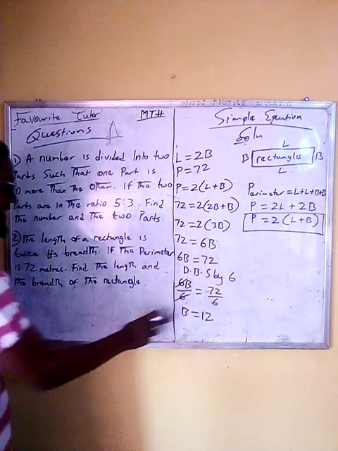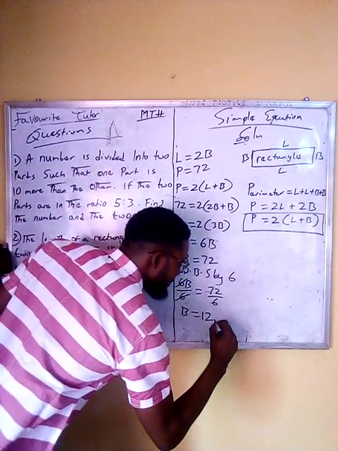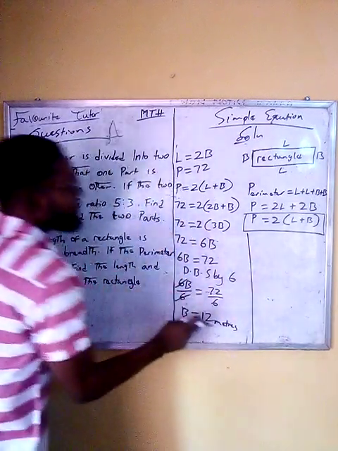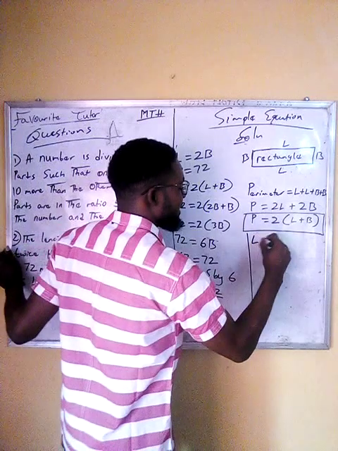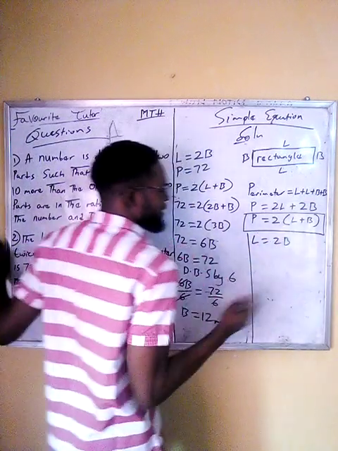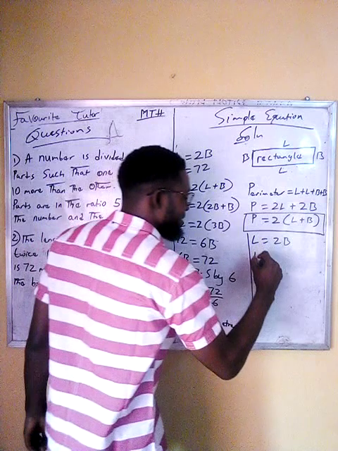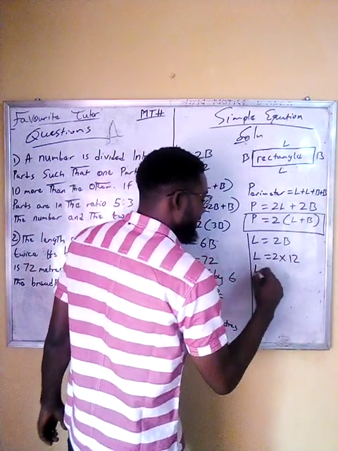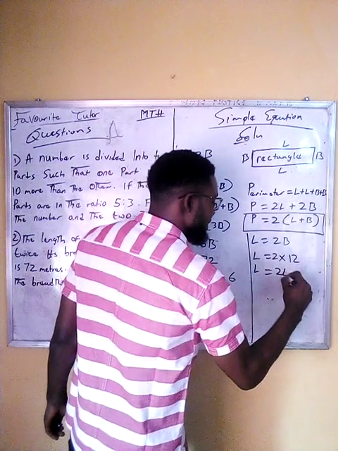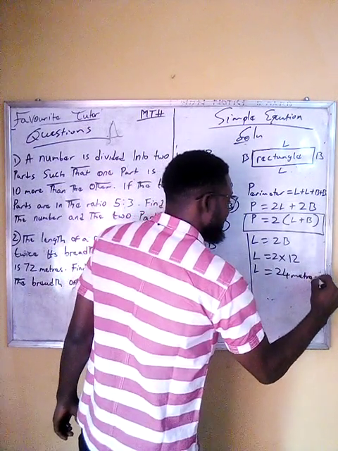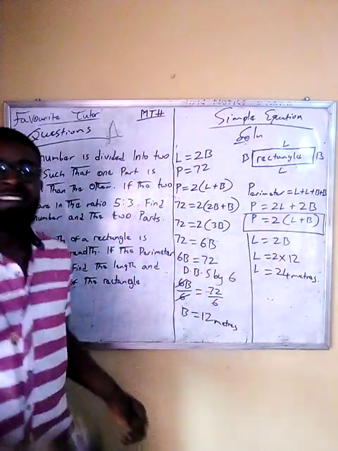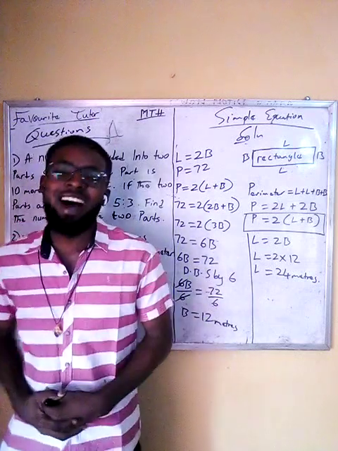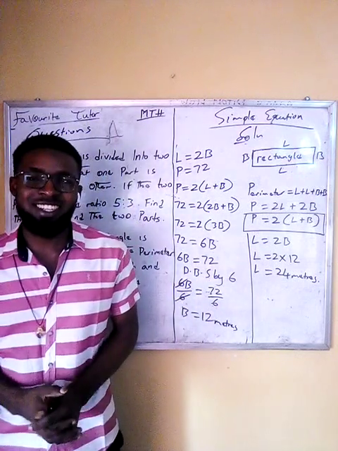So therefore the breadth is 12 meters. Now if the breadth is 12 meters, the length is equal to twice the breadth. Therefore the length is equal to 2 times 12, and the length is equal to 24 meters. Ladies and gentlemen, this is the answer to the word question.